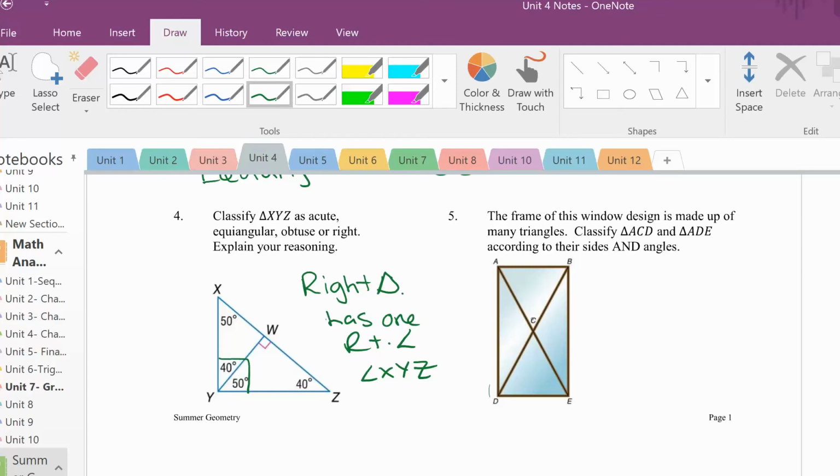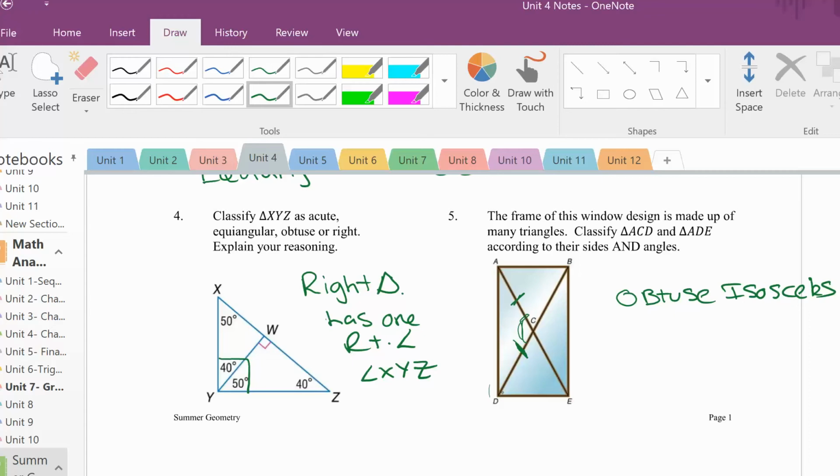According to their sides here, if we look at ACD, because it's a rectangle, we notice that these two sides look to be the same. And then this looks to be an obtuse angle. So we'll say it's obtuse and isosceles because it has two congruent sides.